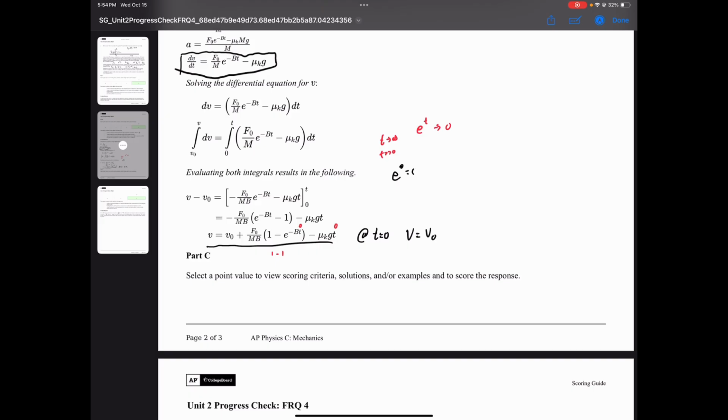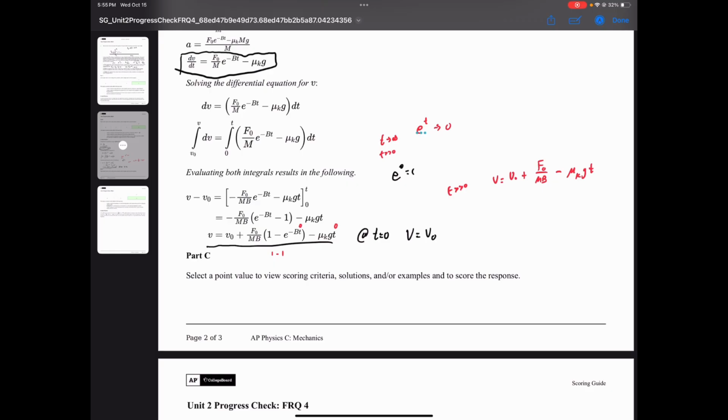So eventually what you end up with at some later time, t much greater than 0, basically what we have is v naught plus f naught over mb. Okay, that's my initial applied force acting on the object, minus mu sub k times gt, where t is some later time much greater than 0.